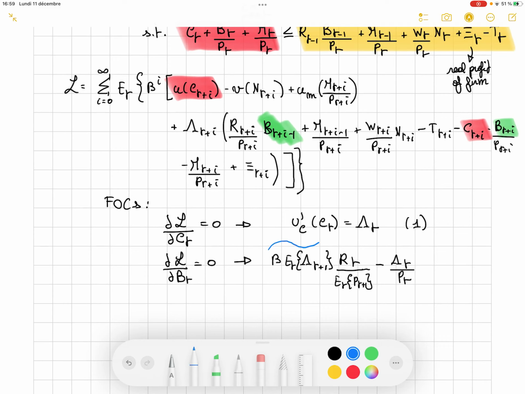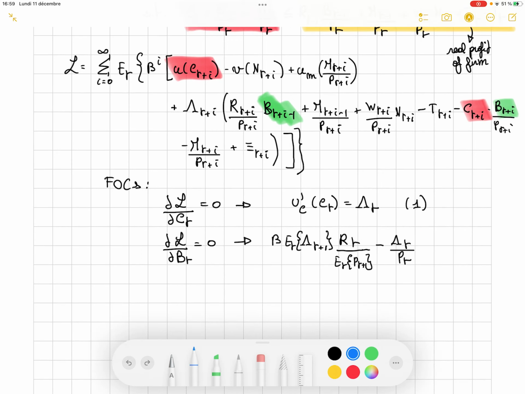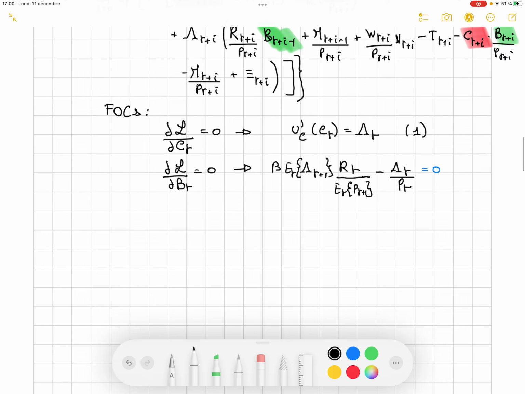So here you have the part related to B_{t+i-1}, and here you have the term related to B_{t+i} in our equation. The expectation, I just put on variables that are determined in the future, because at the current period the household only knows what is at the current period. It doesn't exactly know, but it has some expectation on variables that are determined at the next period. So that's what you obtain, and we know that this is equal to 0 at the optimum.